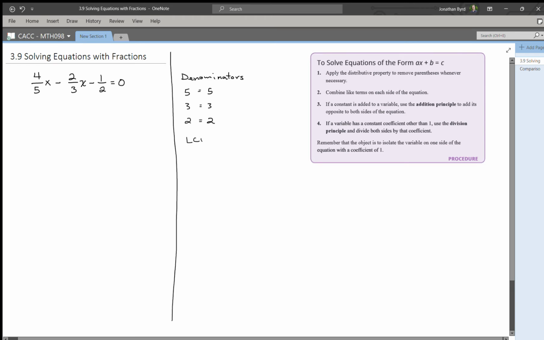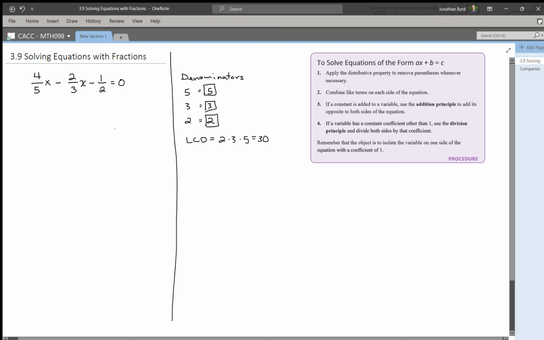If I want to find the LCD, I multiply them all together because each factor occurs only once. So 2 times 3 times 5 is 30, I believe.